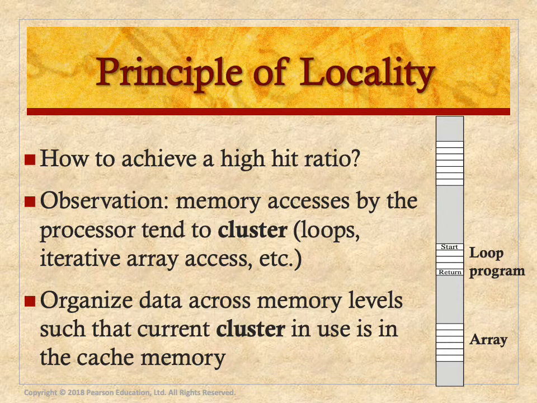For instance, if you think of a computer program with a loop, then the instructions in the loop body will be executed again and again, which means they form a cluster. Or as a second example, if a computer program iterates over an array, then typically multiple elements of the array will be accessed. An array is typically stored as a block of data in the memory.